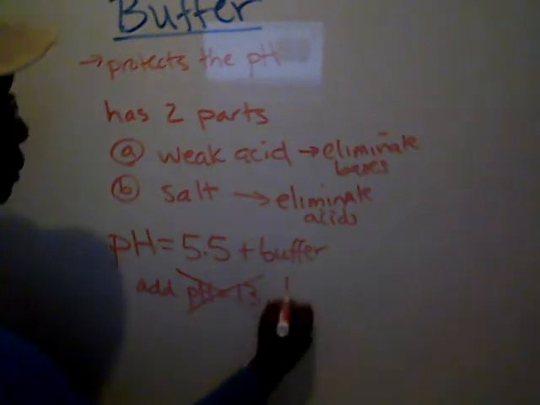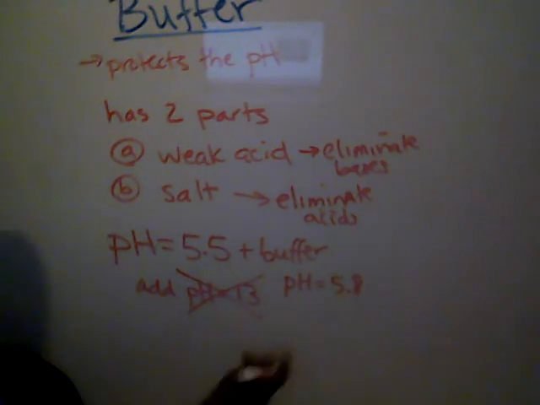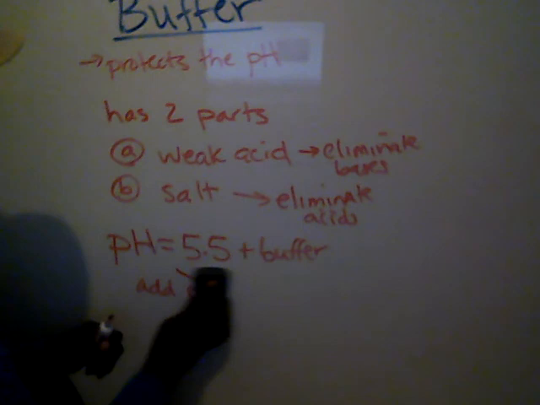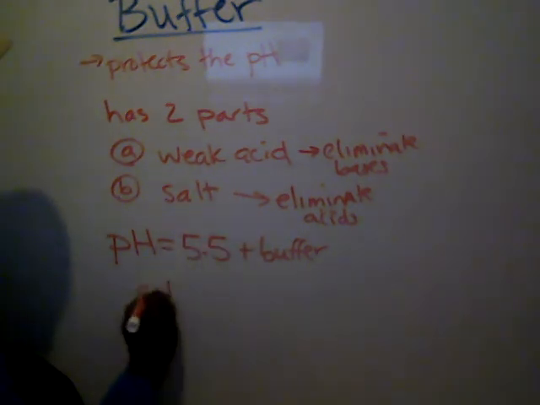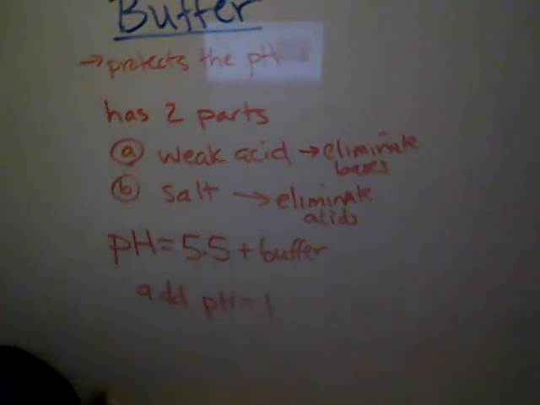It may change a little bit, maybe to 5.8, but it's not going to change dramatically like it would if the buffer wasn't there. Same thing if we add something with a pH of 1, something really, really acidic.